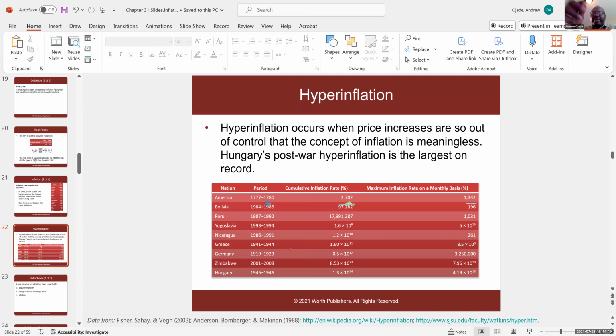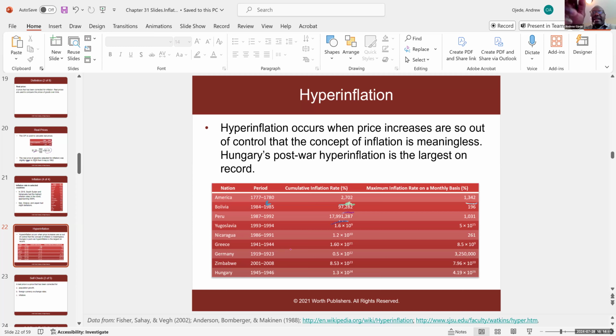But look at Bolivia. It was 92,282% between 1984 and 1985. That country in South America had very high inflation. Look at Peru. The rate of inflation was 17,991,287%. That's unbelievable.